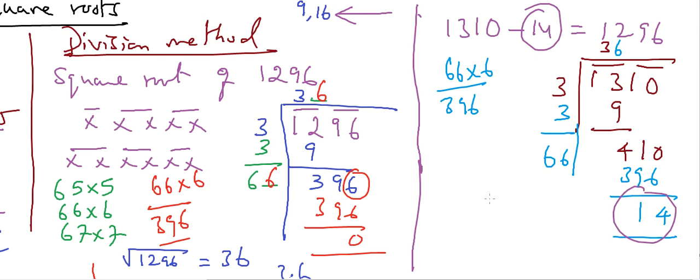So that means if the question is what is the smallest number to be added or subtracted to make the given number a perfect square, then we need to use the division method. And if we're asked to find the smallest number by which a given number must be multiplied or divided to make it a square number, then we need to use the prime factorization method.